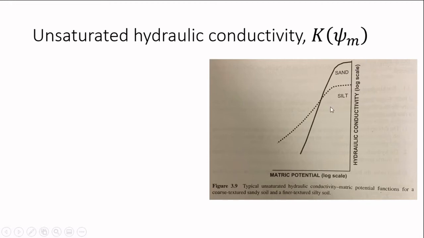So you can see that at different matric potential or different matric suction potential, you get a different unsaturated hydraulic conductivity. So for example, you look at sand, initially it's very high, but as the matric potential increases, the unsaturated hydraulic conductivity drops more dramatically than silt. Silt has a smaller size compared to sand.